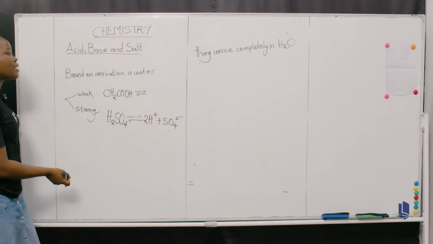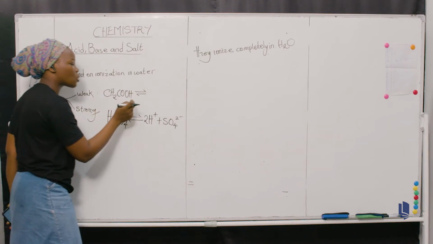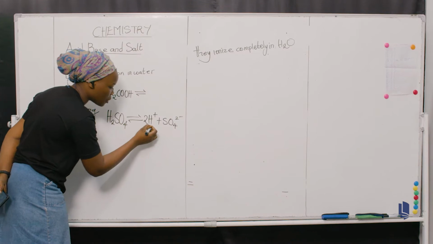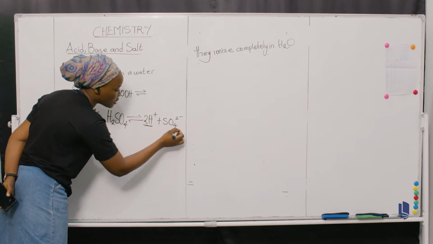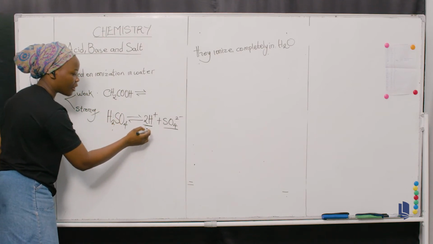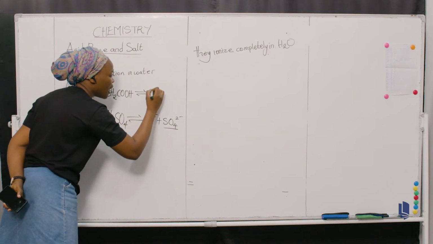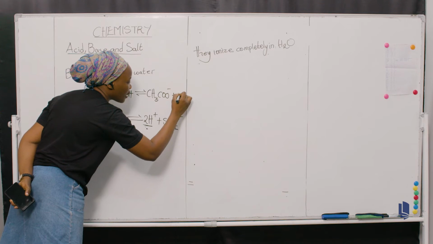Strong acid ionizes completely in water, whereas weak acid do not ionize completely in water. HCl can be, this would be the anion and this would be the cation. All of these hydrogen have been ionized in water, whereas for weak acids, it would be CH3COO minus and H plus.